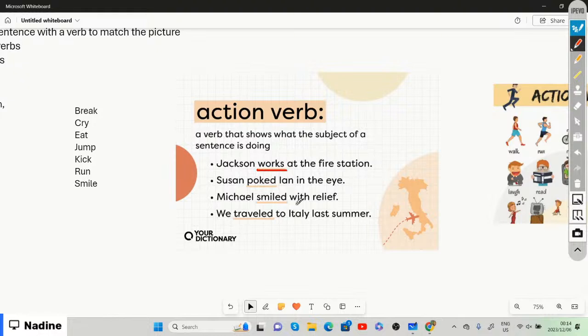So works is our action. Works is what the subject, which is Jackson, does or is doing.